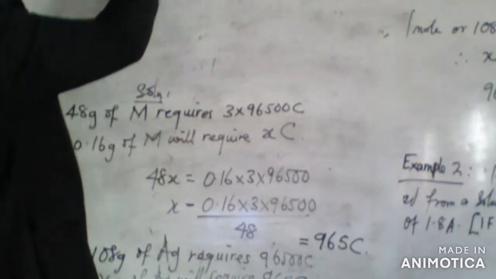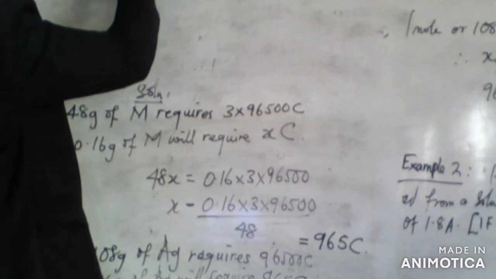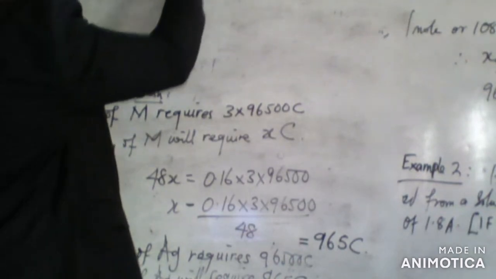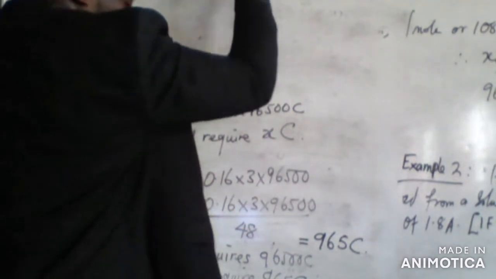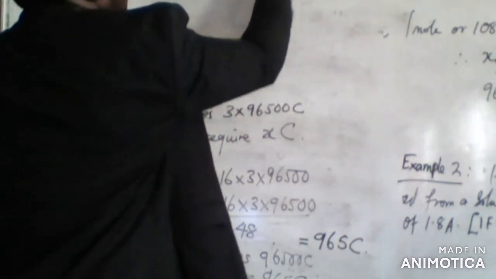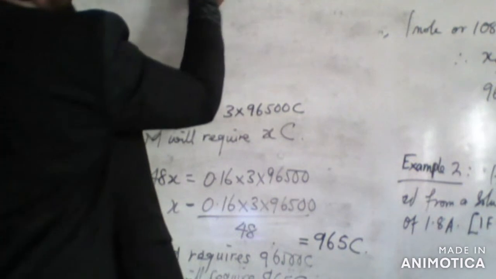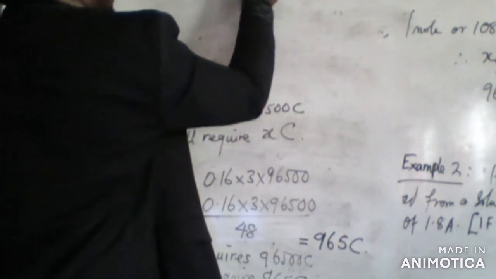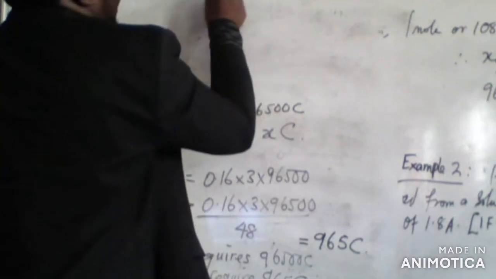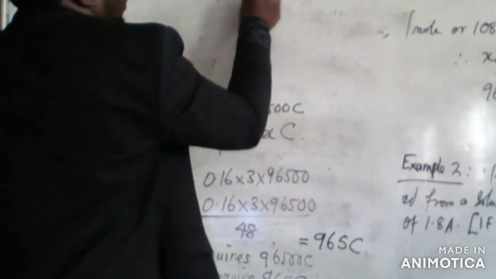So we have 96500x is equal to 108 times 965. So x will be equal to 108 times 965 divided by 96500.